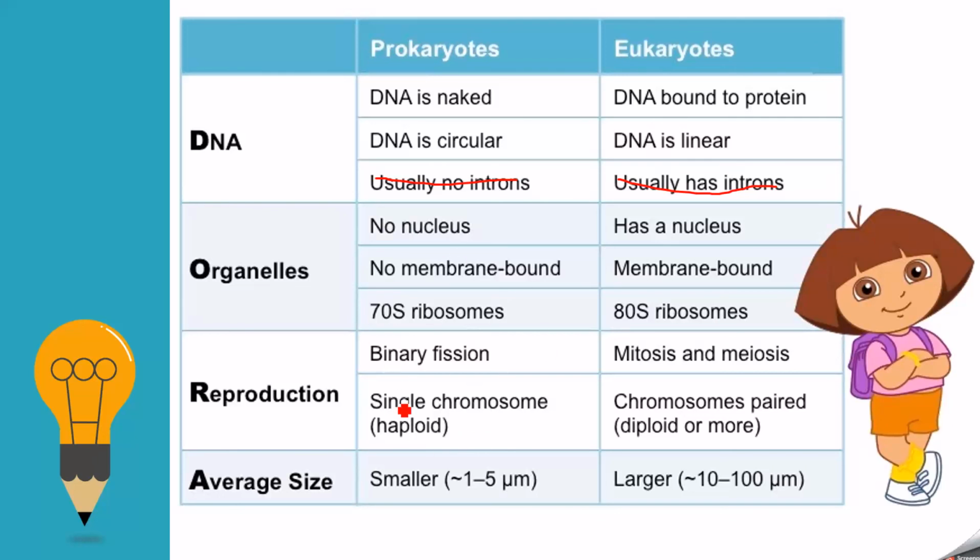The way they reproduce is by binary fission in prokaryotic cells, whereas eukaryotic cells do this by mitosis or meiosis. And when talking about average size, prokaryotic cells are much smaller, between 1 to 5 micrometers, and eukaryotic cells are between 10 and 100 micrometers.